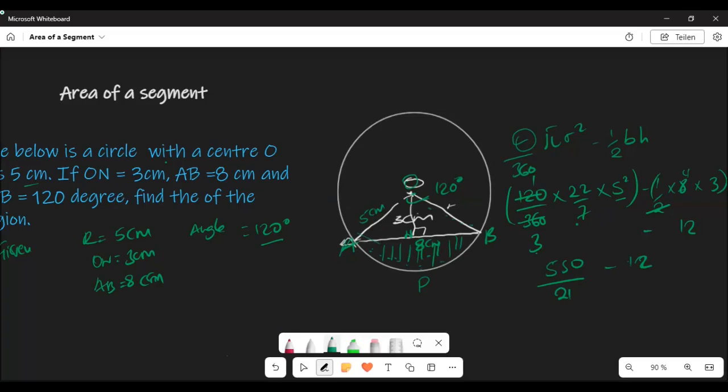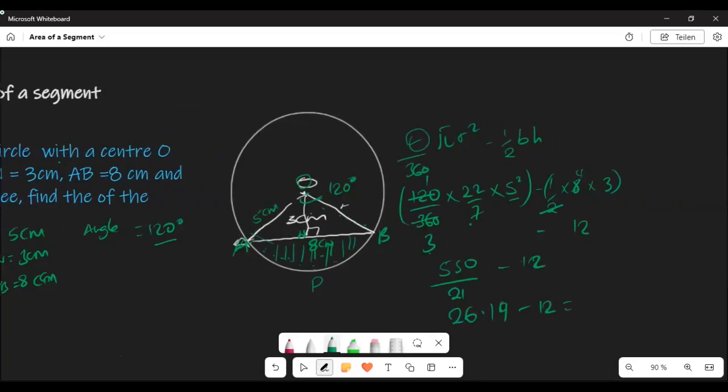That's giving us 26.19, minus 12. So we have 14.19 square centimeters as our answer.